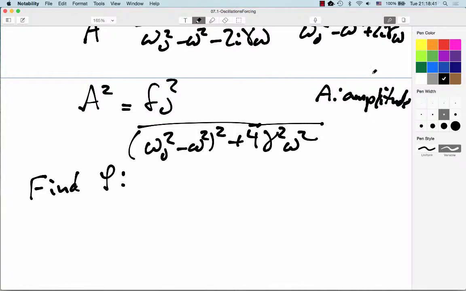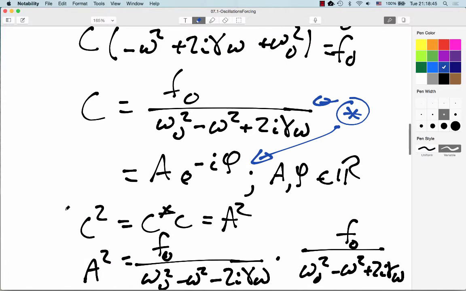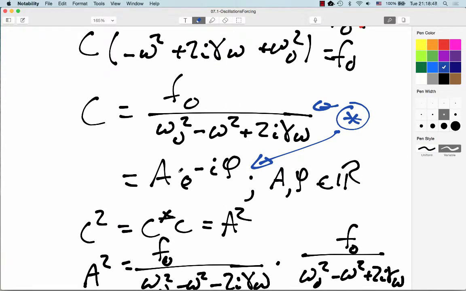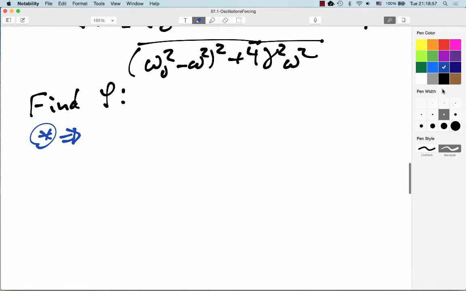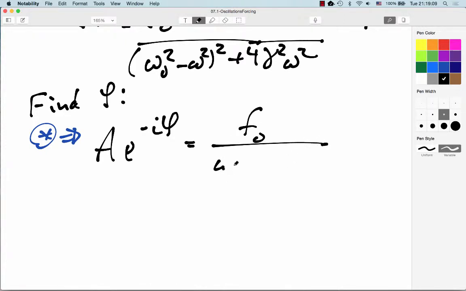Well, if we revisit our friend star, here what I'm looking at is this and that. This expression and that expression have to be equal, so this is what I'm going to demand right now. I'm going to demand that A e to the minus i phi equal f naught over omega naught squared minus omega squared plus 2i gamma omega.